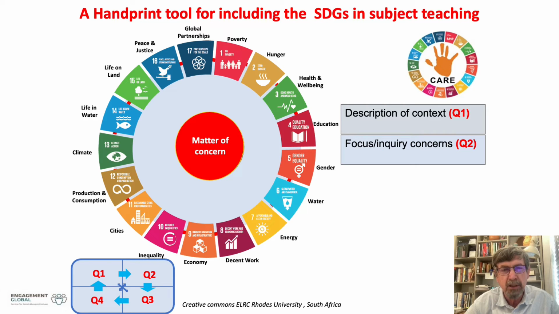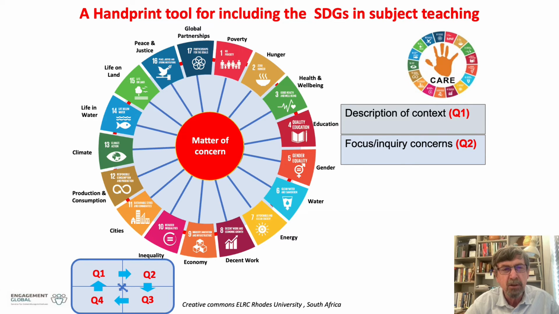Are there gender dimensions or water dimensions or health and well-being or life in water or climate concerns? And it came out to be a really useful tool for the students to identify what are all the spokes that connect to their matters of concern.